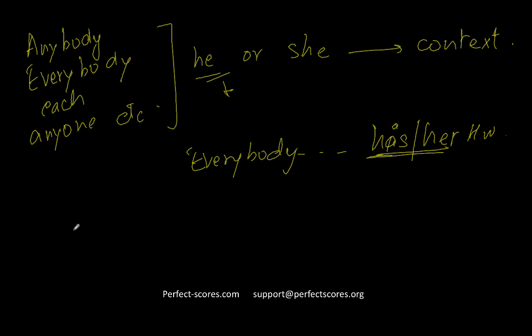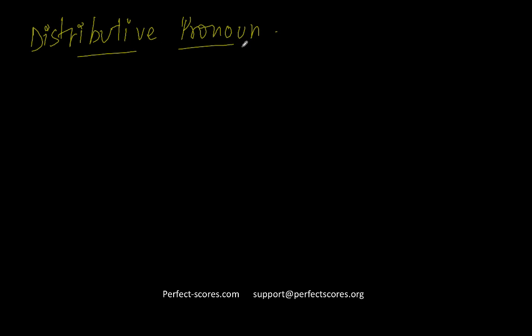And the last pronoun that we need to cover in this video is distributive pronouns. So let's look at what distributive pronouns are. Now the name suggests something related to distribution. Let's see whether that happens or not. For example, each of them gets a prize.